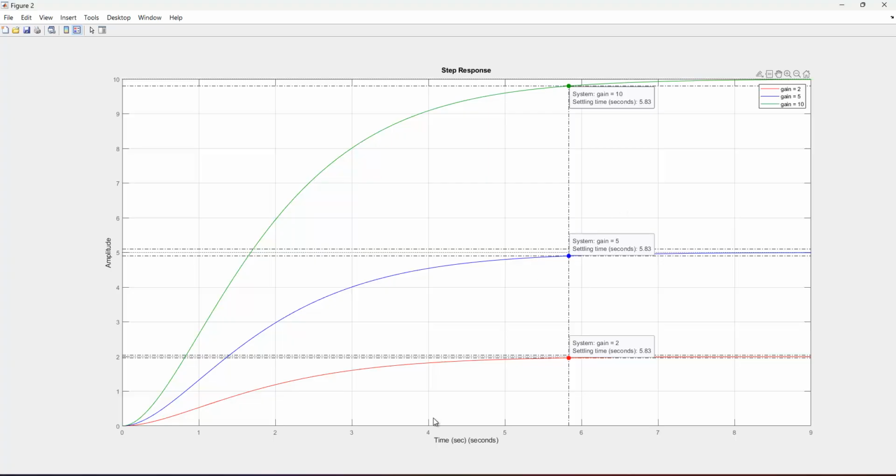But just see that if we use the gains 2, 5 and 10, for example at the value of 5, if we use t equal to 2, the first system, gain 2, is around 1.2, but the other system is equal to 3, and the gain 10 system is equal to 6.